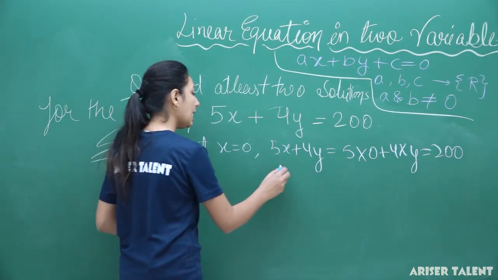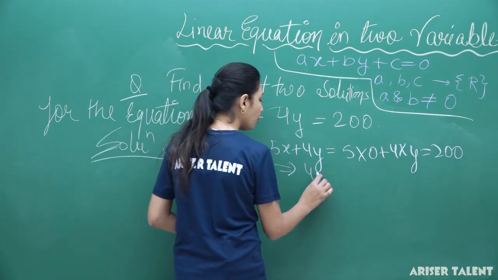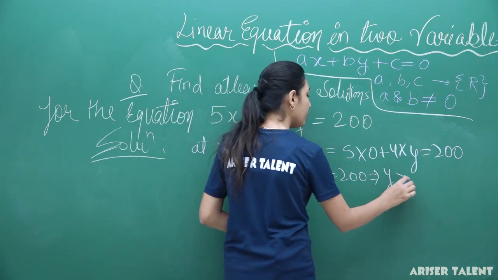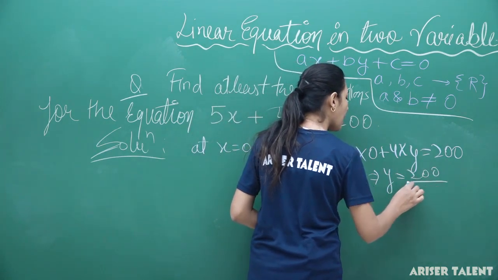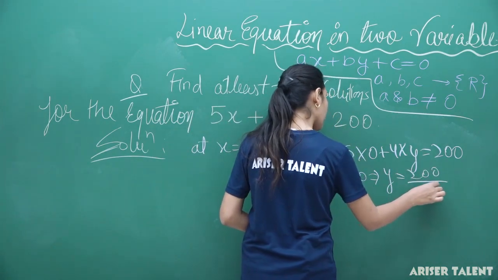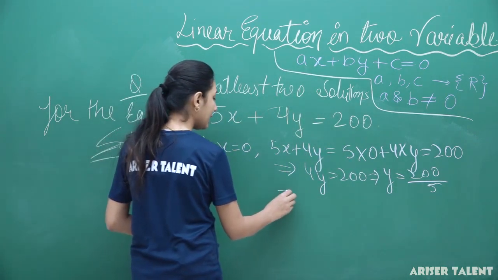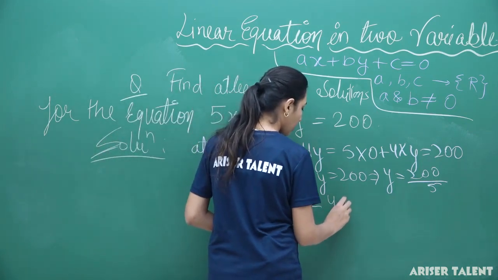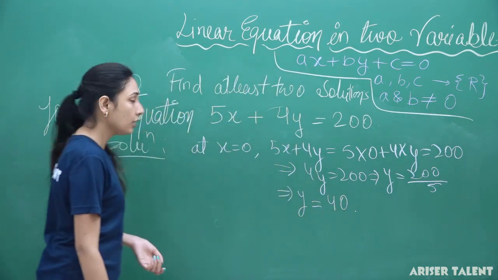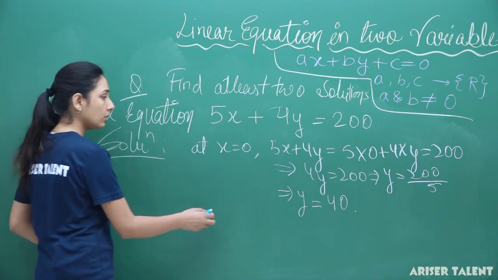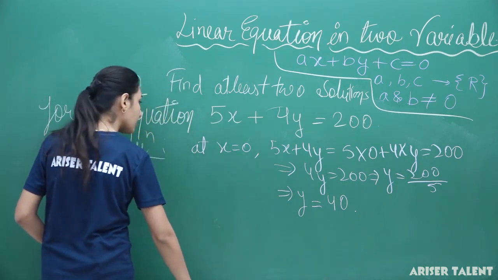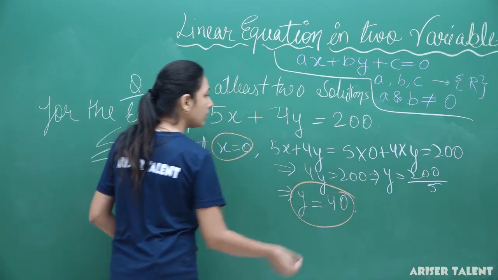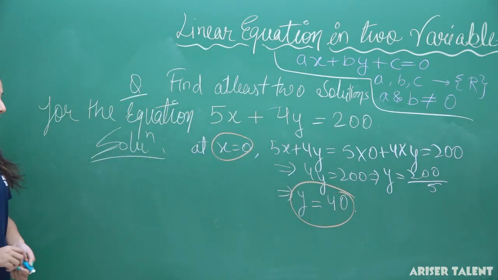So from there I will be getting 4y equals 200. This implies that y will be equal to 200 by 5. Here I will get y equals 40. So at x equals 0, y equals 40, and this is the first answer.